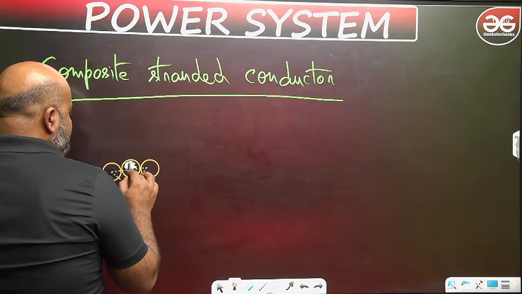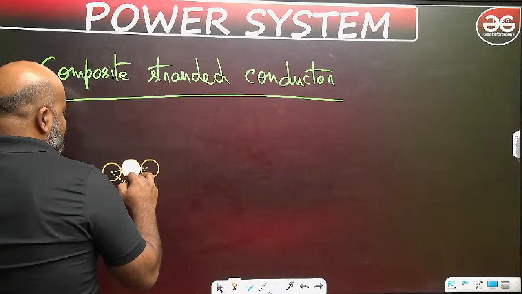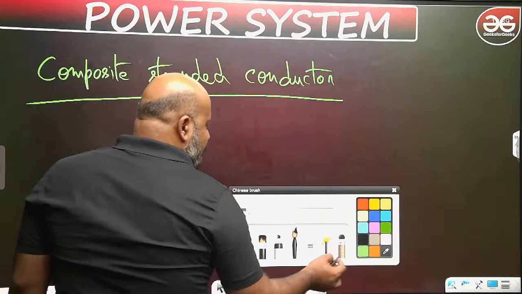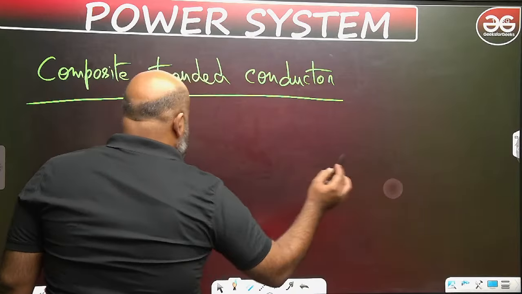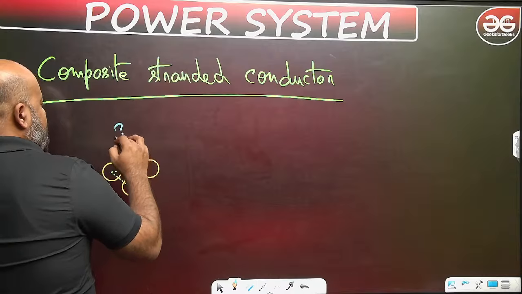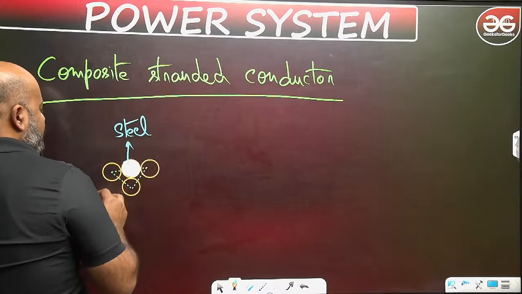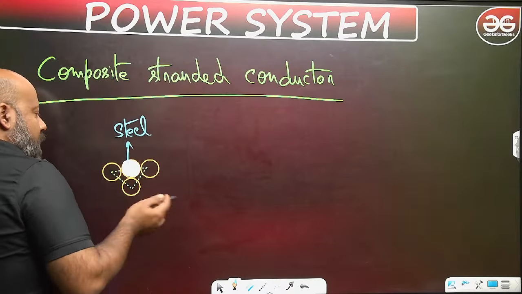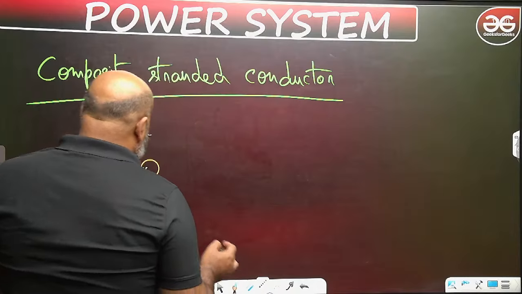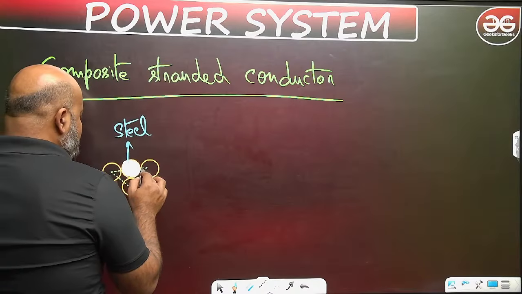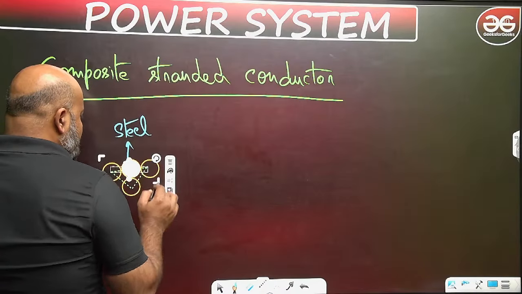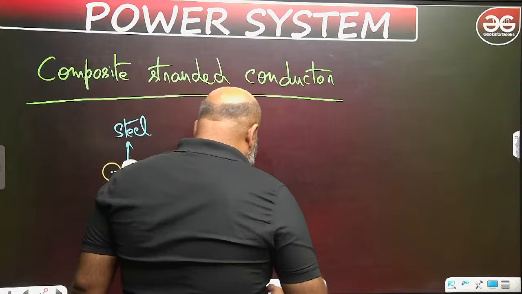This was actually a steel conductor. The rest were aluminum conductors. Suppose this is the case. So this is a steel conductor and the rest are aluminum. I think it is visible.